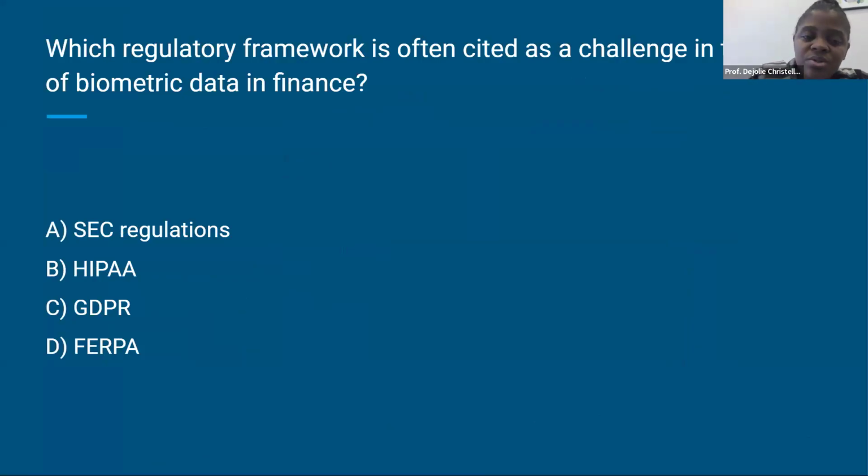So which regulatory framework is often cited as a challenge in the use of biometric data in finance? Is it SEC regulation? Is it EPA? Is it GDPR, which we just saw? Is it FEPA?